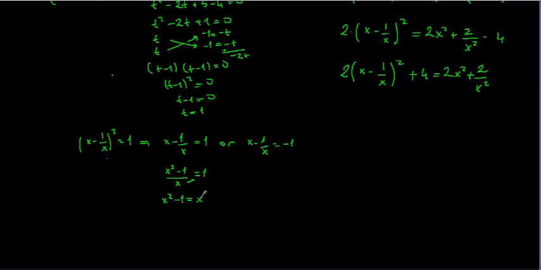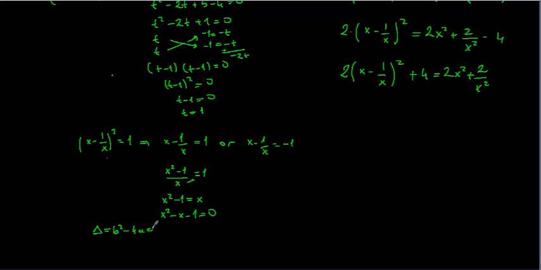Then I will get this term to this side: x squared minus x minus 1 is equal to 0. Here you cannot factorize this one. It's obvious to see that. Delta is equal to b squared minus 4ac.